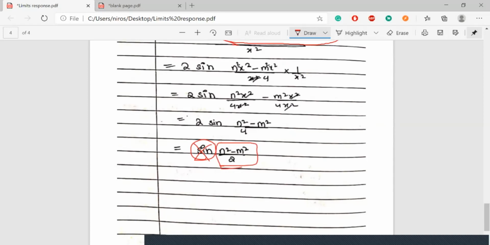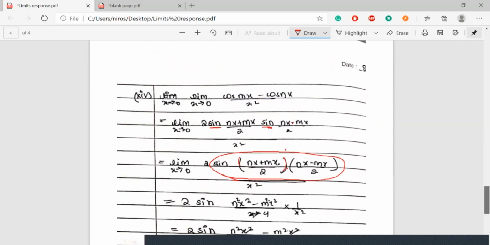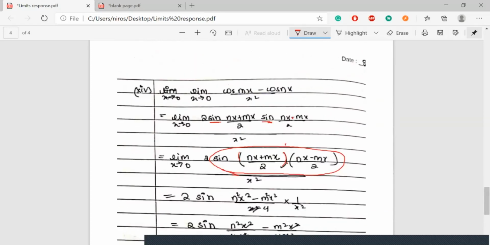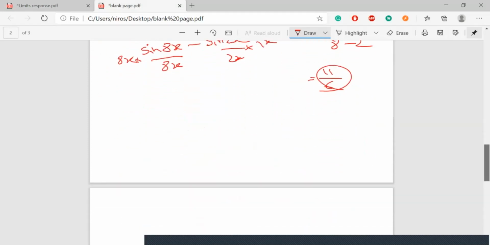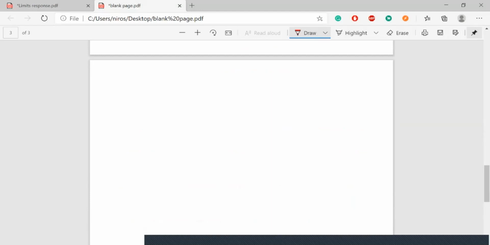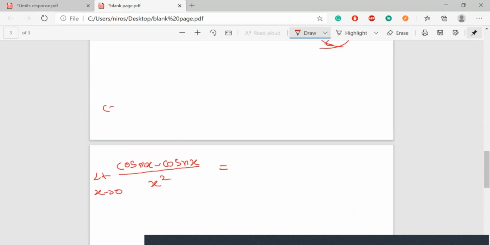So where does the sine get removed? Yeah, now we will do that. So limit x tends to 0 of (cos mx minus cos nx) by x square. As we discussed in the previous class, it is of the form cos A minus cos B. What is the formula for cos A minus cos B? 2 sine of (B plus A) by 2 into sine of (B minus A) by 2, right?